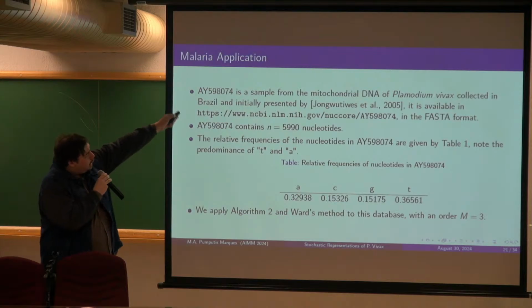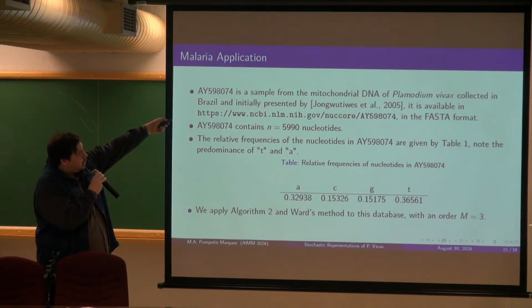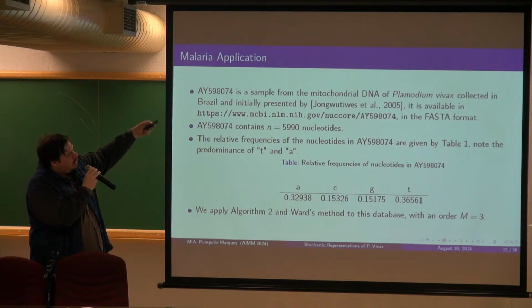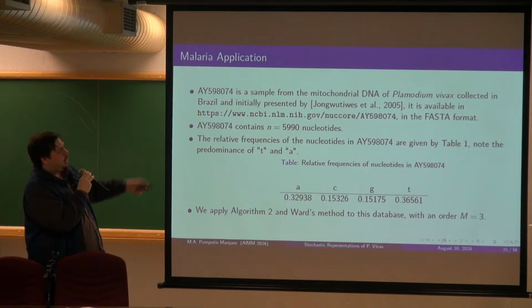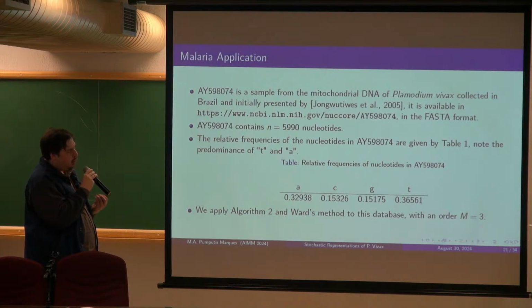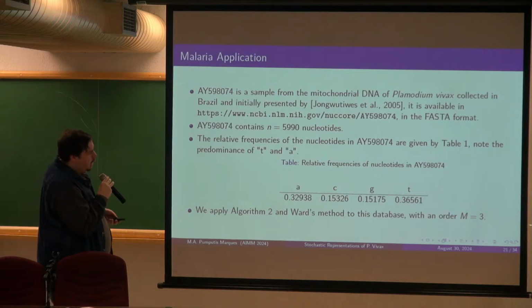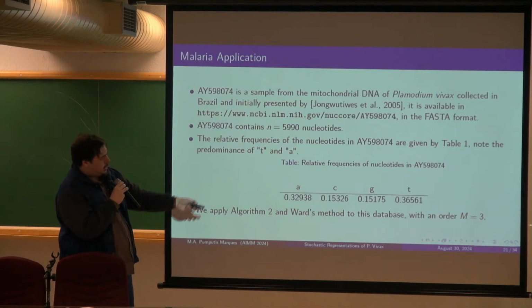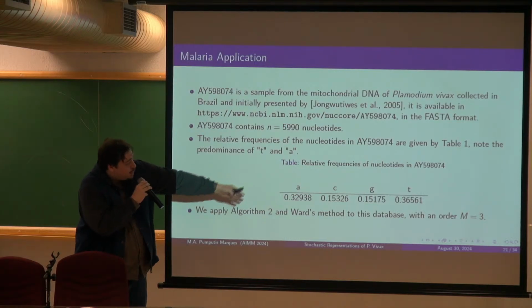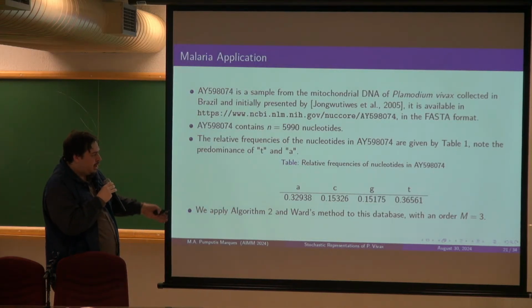It is available online here in the FASTA format. It contains 5,919 nucleotides. So first, we can look at the relative frequency of all the nucleotides present. And so this is more or less it. So if we were not going to use any model, we could say that transition probabilities are this. But of course, we're not just doing the technical things, we're applying the model.